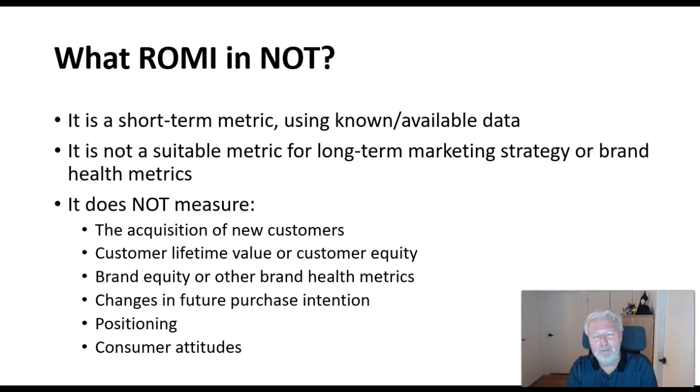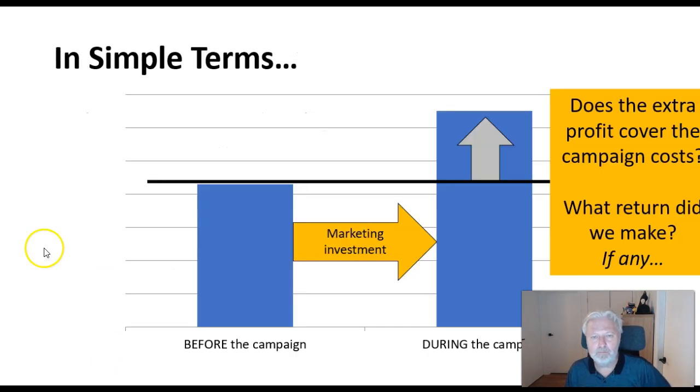Obviously in an evaluation of a campaign, that's not going to come out until 3 years down the track, so that's not helpful. Positioning, if we're repositioning, or customer attitudes, all of these things are important for marketing success. So we've got to be careful to decide whether ROMI is suitable here, whether we can use it.